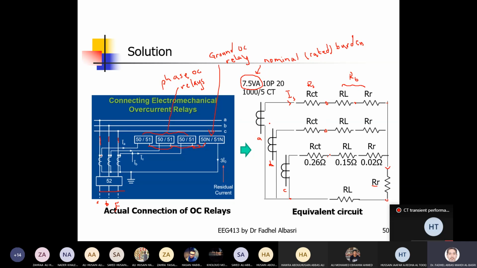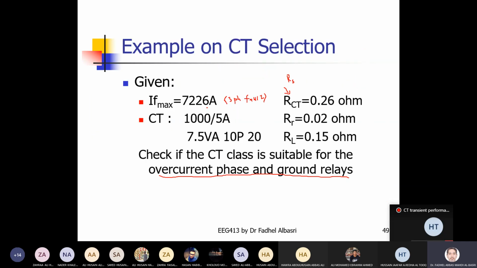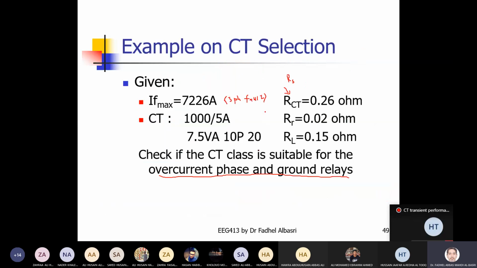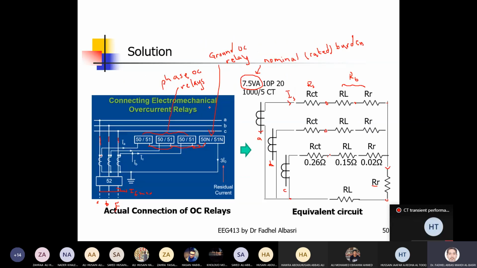So the maximum current will be 7,226, which is here. This is I fault maximum. The current here in the primary will be maximum 7,226.